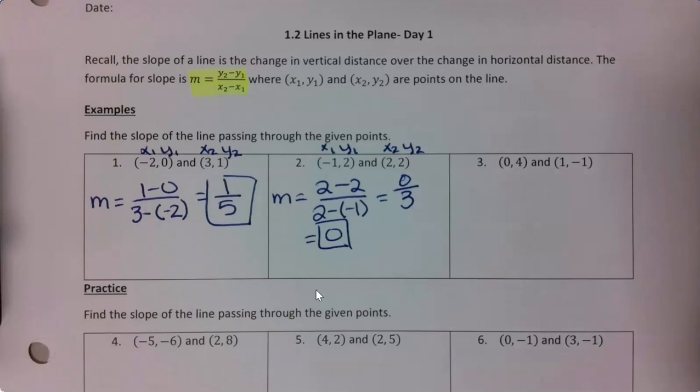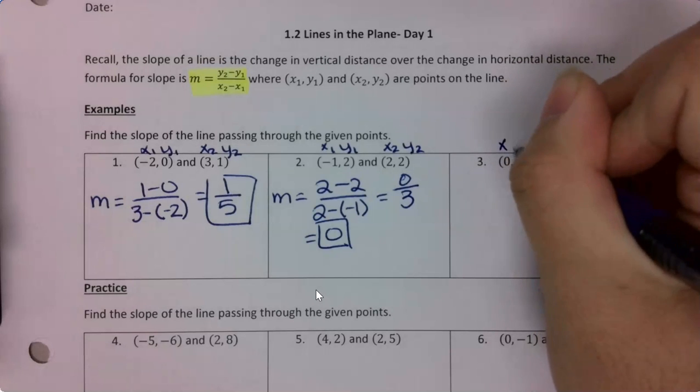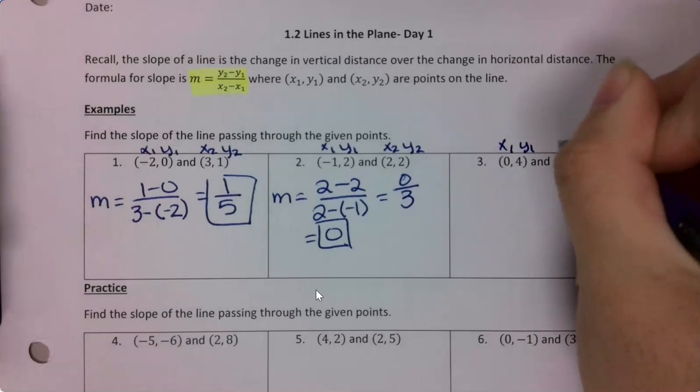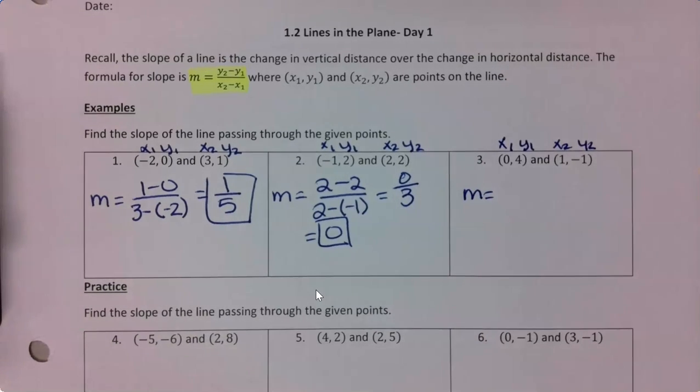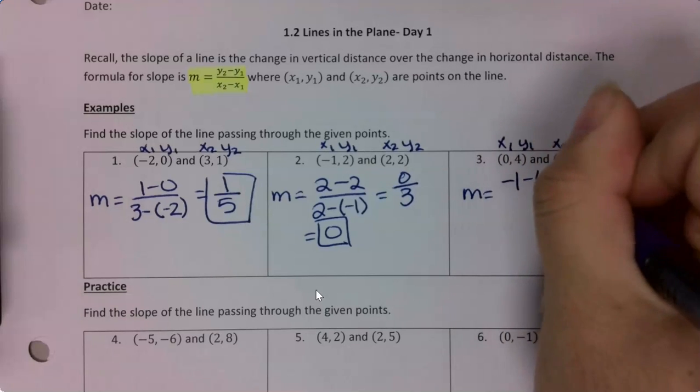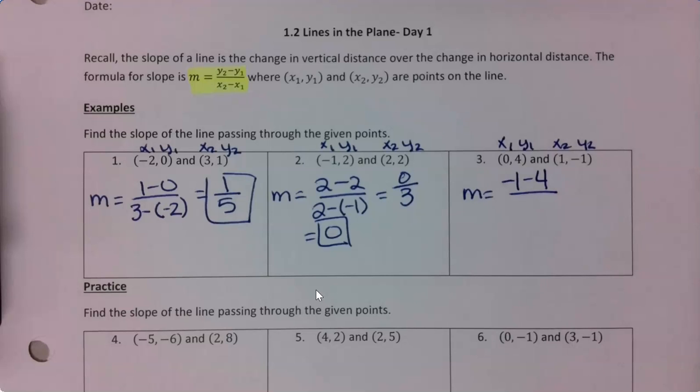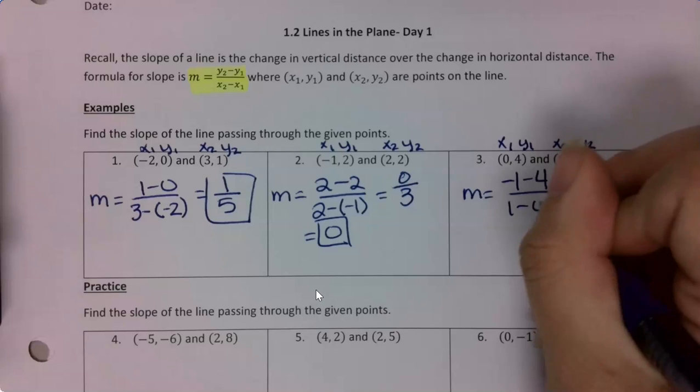Okay. And then finally, for number 3, I'm going to have x1, y1, x2, y2. So then I just plug it in. What do I get on my top? Negative 1 minus 4. And on the bottom? 1 minus 0.